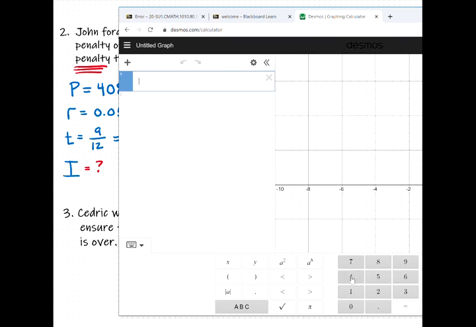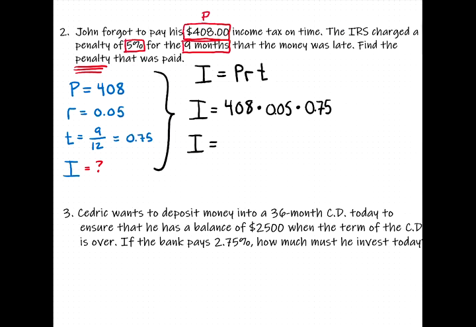Interest equals principal, 408, times the rate, 0.05, times the time, 0.75. And that's it: $1,530.